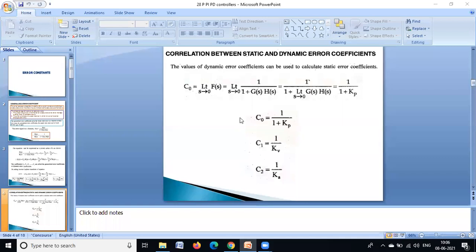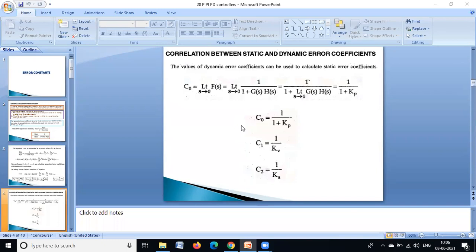Now, once we know these static error constants or generalized error constants, we can find out the steady state error. And once we know the transient response specifications, that means the peak overshoot values, rise time values, everything, if we know the values, we can speak about the stability of the system.